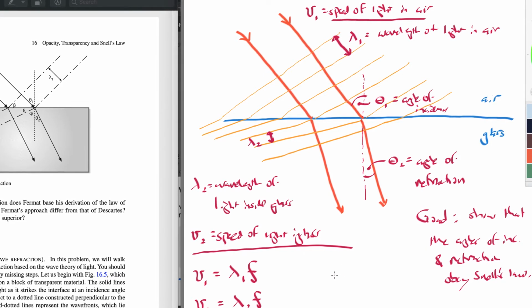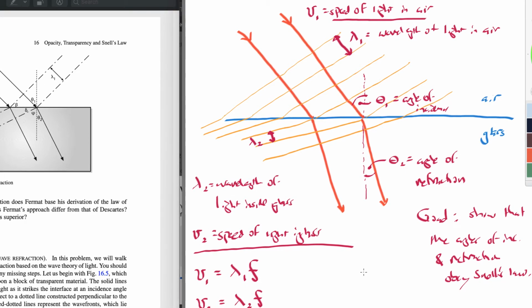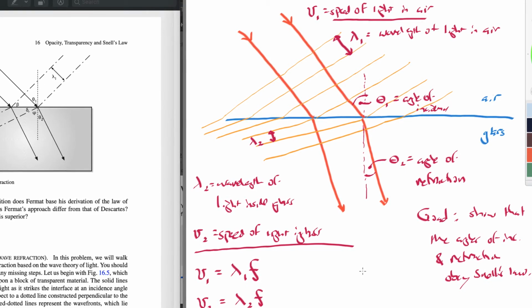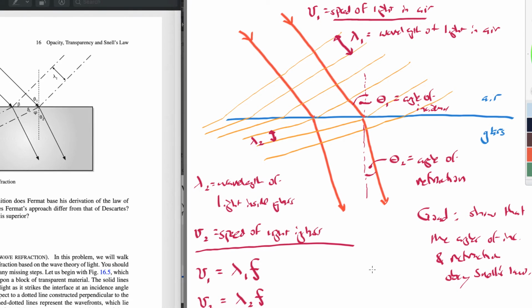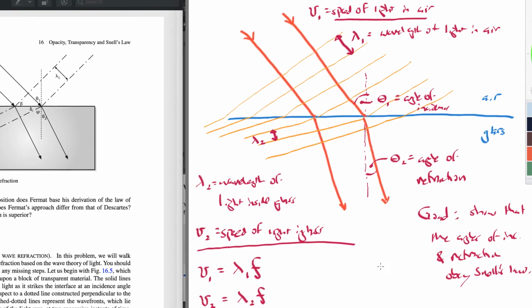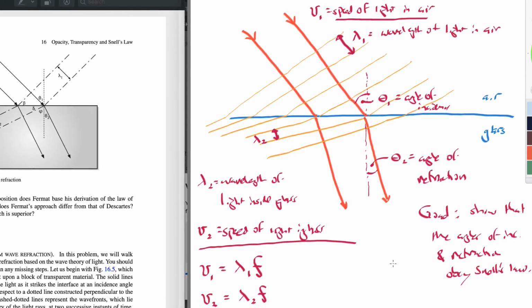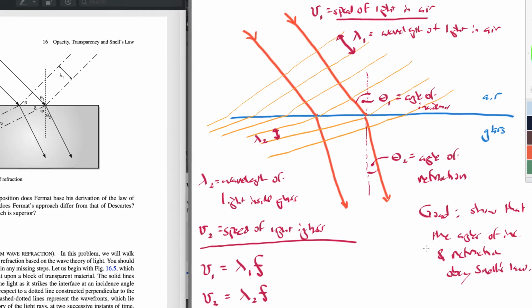Notice here in this formula that I'm putting subscripts for the velocity, indicating there's a different velocity in air and glass, and subscripts for the wavelength because there's a different wavelength in air and glass. But notice that I've left the subscript off of the frequency. That's because the frequency of the vibration does not change in air and in glass.